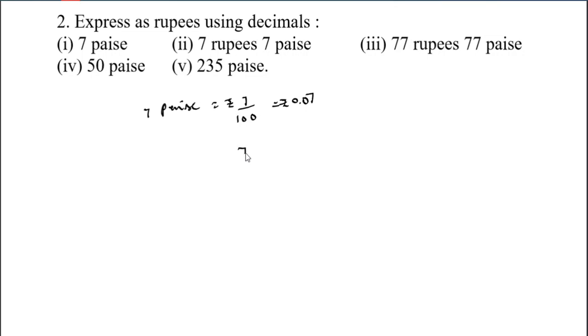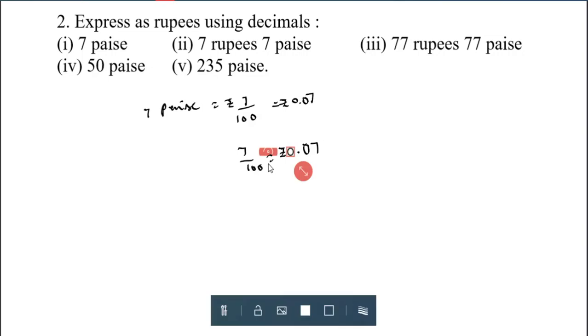Write the numerator as it is. In the denominator 2 zeros are there, so count 2 digits from the right-hand side. One digit is there, the other digit is not there, so put 0. Now count 2 digits and put the point. Therefore 0.07 rupees.